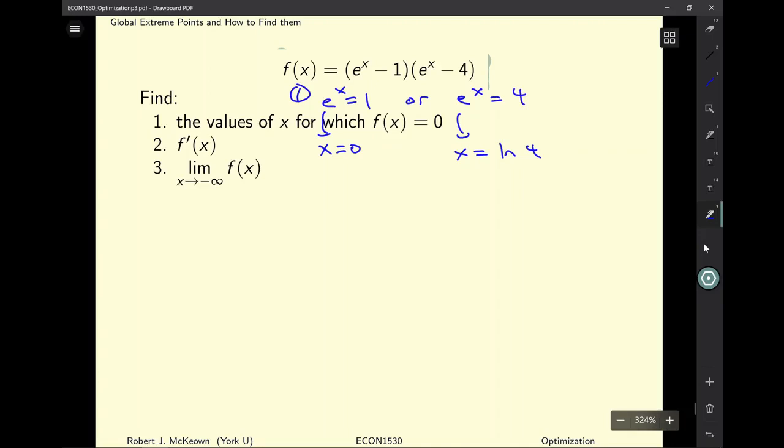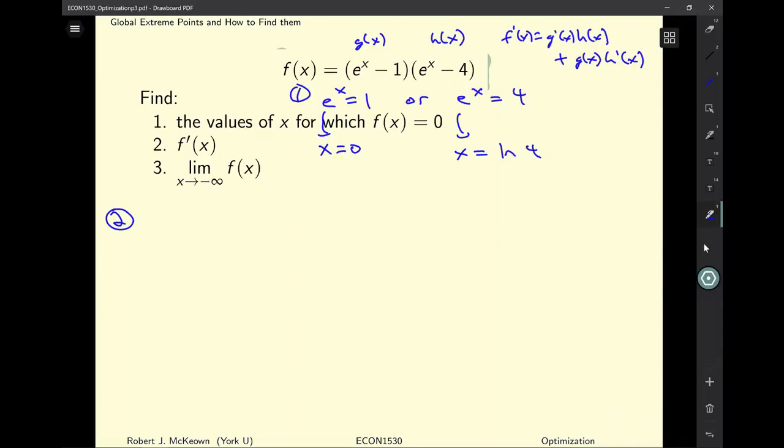So that's part 1. Now part 2 asks us to find the derivative. If I look for the derivative of this, I'm going to use the product rule. I'm going to imagine that I've got two functions here. So f prime of x is going to be equal to g prime of x, h of x, plus g of x, h prime of x.